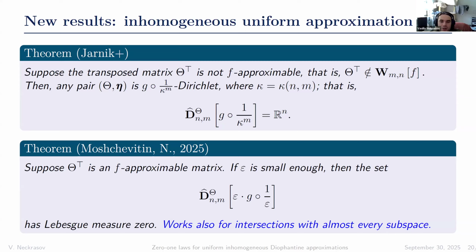So by g circle with some constant, I mean the composition of this function with a constant, or multiplication by a constant, and many of the results that I will be stating on the next slides will look like this. So I'm saying something not about the set of the function g, but the set of the function g modified by multiplication by a constant or taking a composition of this function with a constant. And this is the error that we get from these methods.